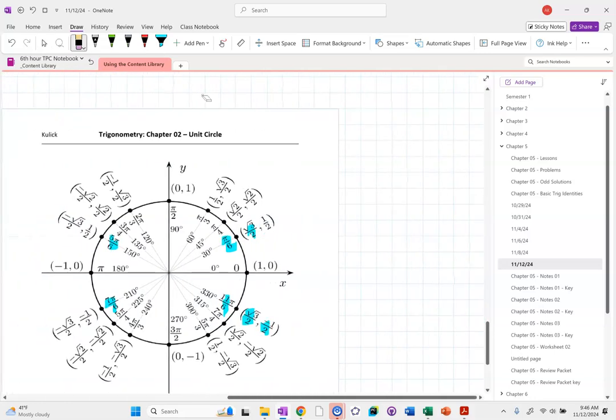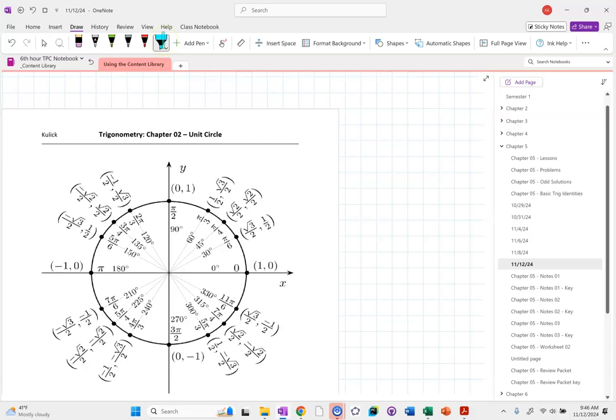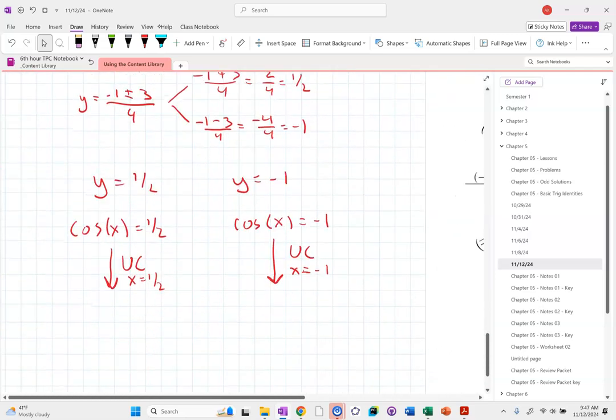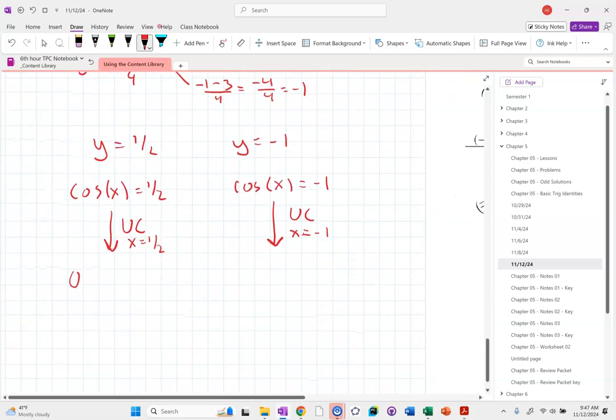All right, so we're looking for where x is 1/2. So if I look, pi over 3 and 5 pi over 3. Everybody feel good there? Again, the interval we're solving for said 0 to 2 pi, so I'm only looking on that once around the unit circle.